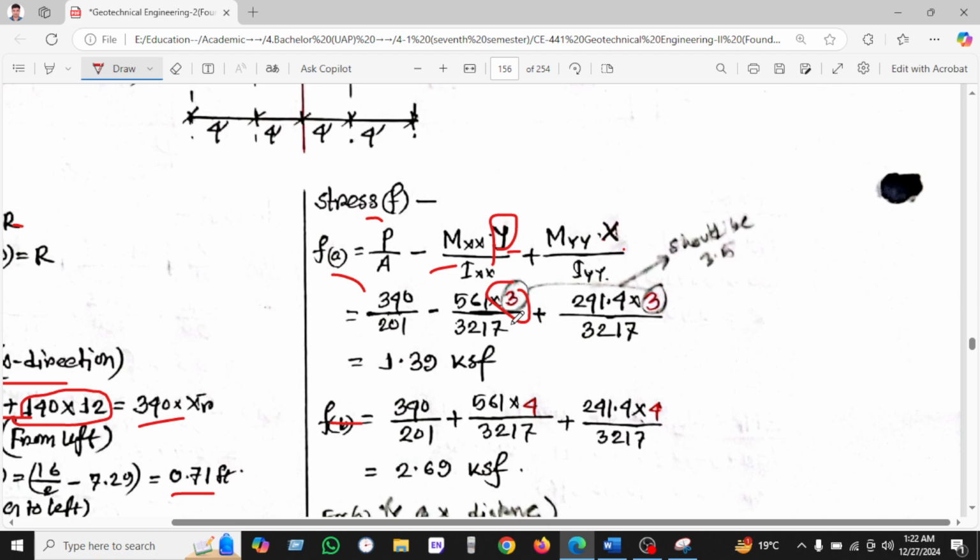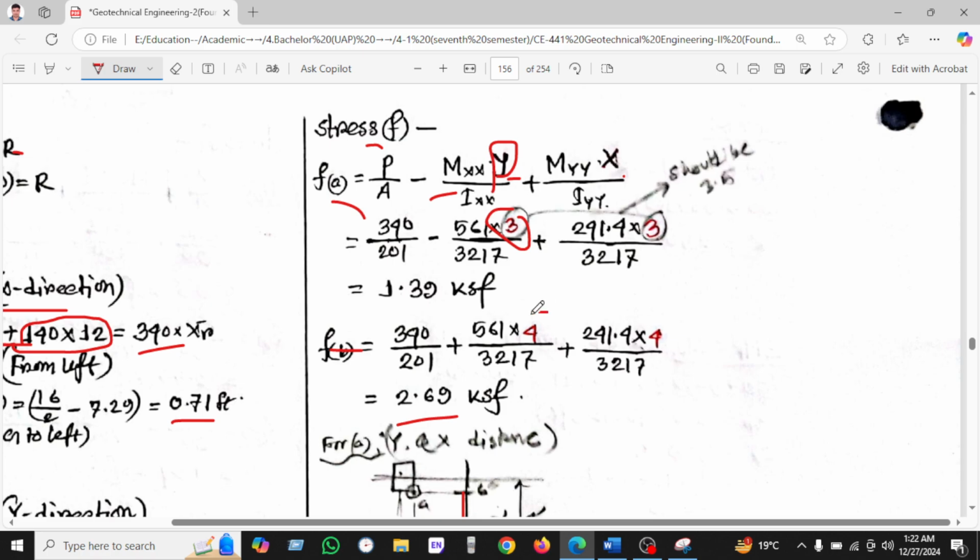It is the stress at the point B. Let's see the example of stress at B here. The same equation we have used, P by A minus M into y into plus M into y, and found in this way 2.62, and the distance of y and x is found 4 into 4.